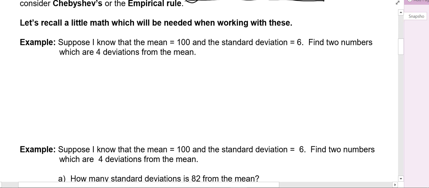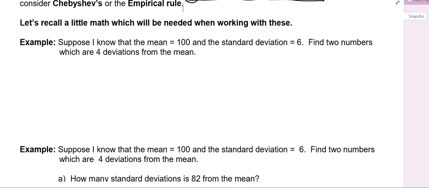All right, so let's just go to an example here. Suppose that I know the mean for a population is 100 and the standard deviation is equal to 6. I want to find two numbers which are 4 deviations from the mean.